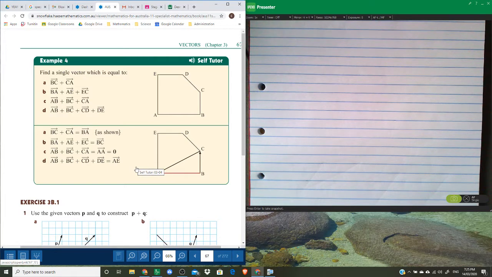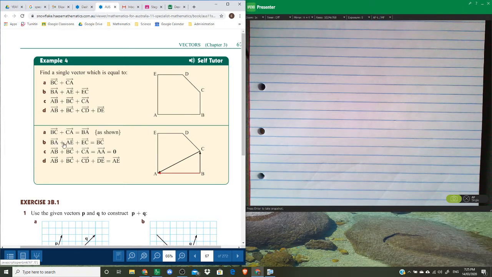All right. And here we see some practice of this simplification of vector addition. BC plus CA is BA. BA plus vector AE, plus EC. So you simplify that. BA, AE takes you to BE, plus EC is BC.